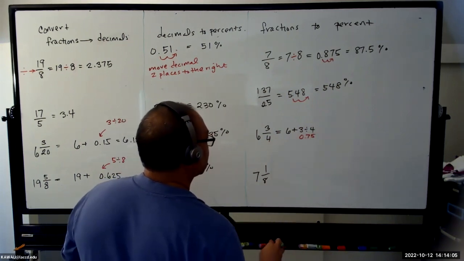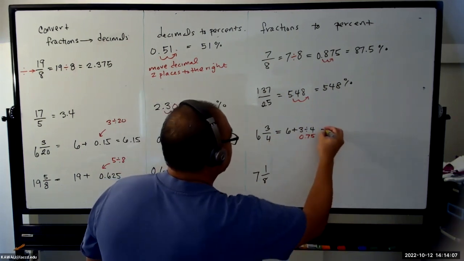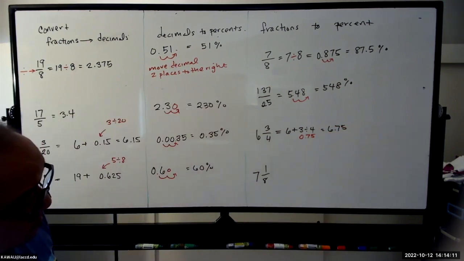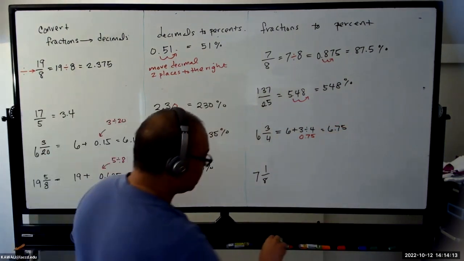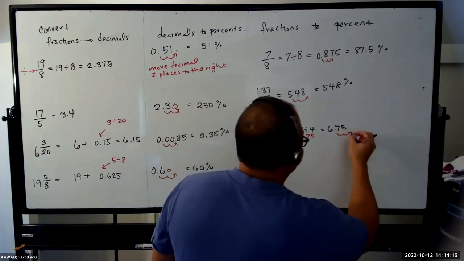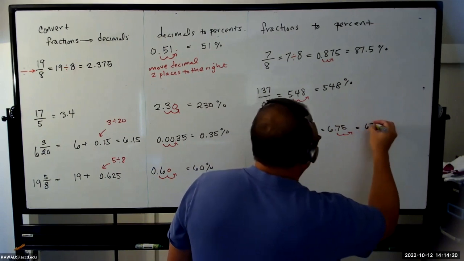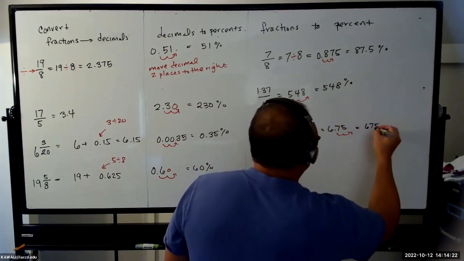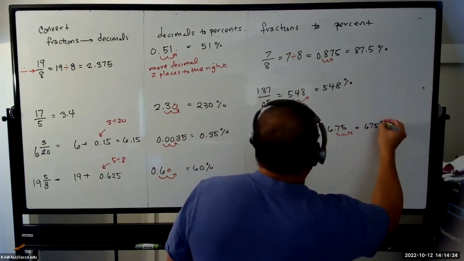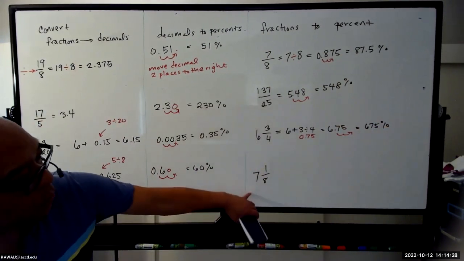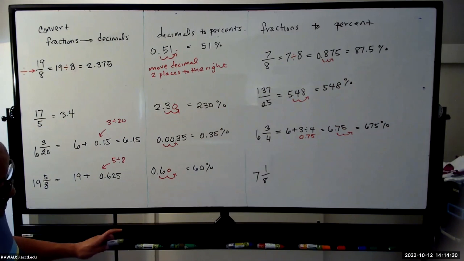So I get 6.75. And then we're going to move the decimal 2 places, and we'll get 675%. Okay, so try doing this one the same way with the mixed number.